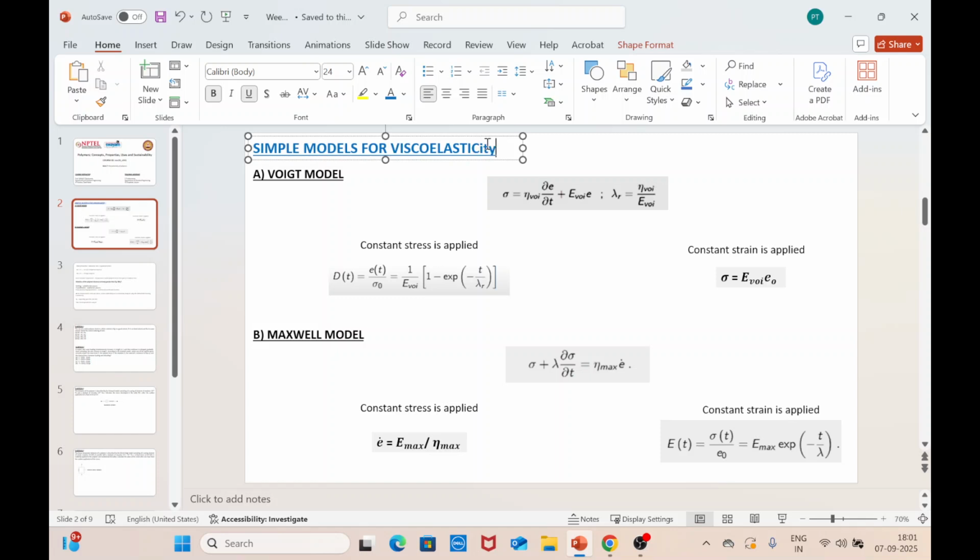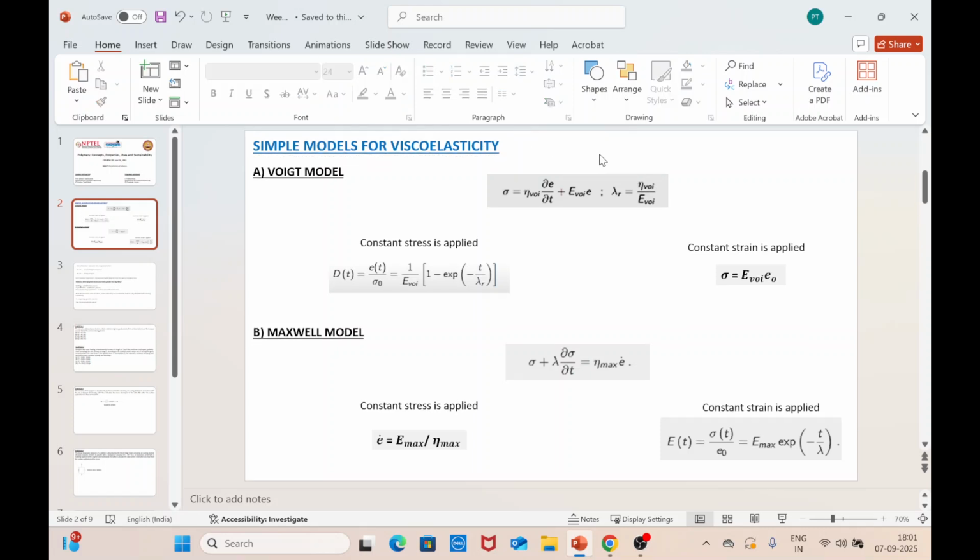The two simple models are the Voigt model, which you can also call the Kelvin-Voigt model, and the next one is the Maxwell model. So these are the two simple models.